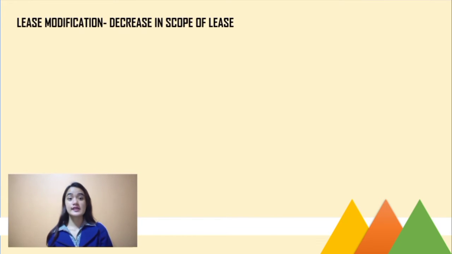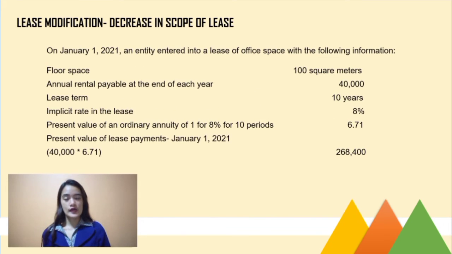Next topic natin ay lease modification, decrease in scope. Ibig sabihin, mas bumaba pa yung scope nung lease agreement natin. Okay, apply natin siya sa scenario na to. On January 1, 2021, an entity entered into a lease of office space with the following information. Floor space, 100 square meters. Annual rental payable at the end of each year, 40,000 pesos.